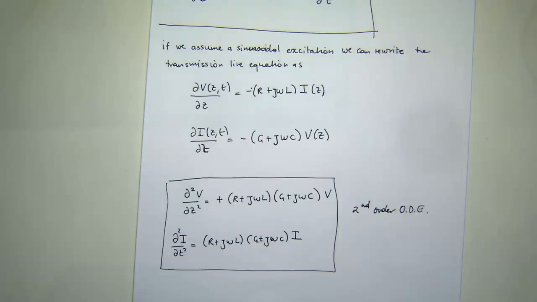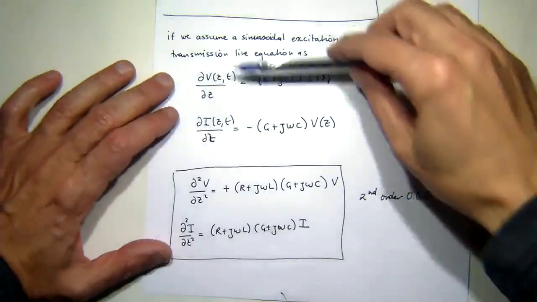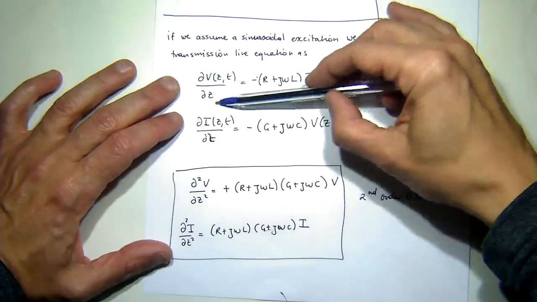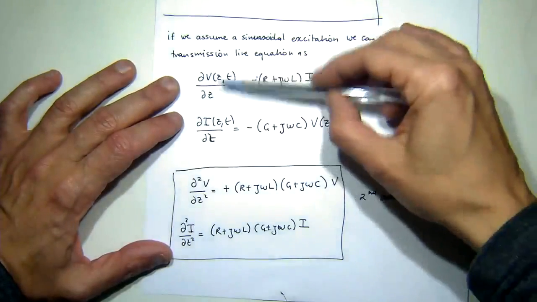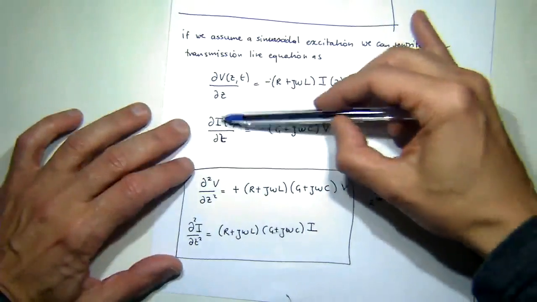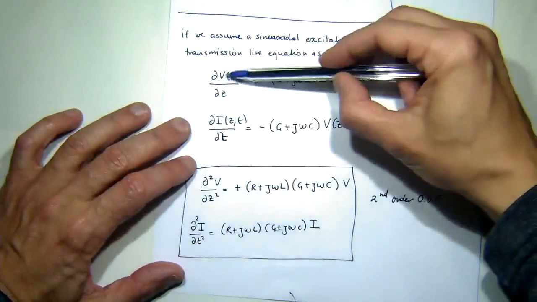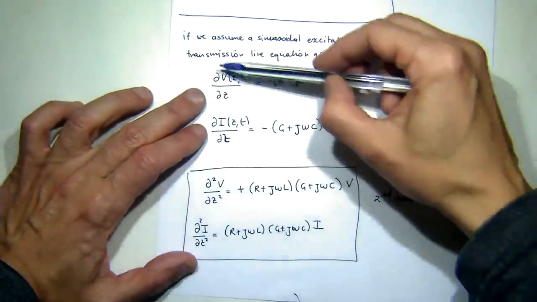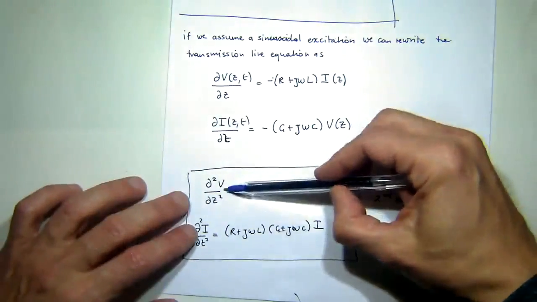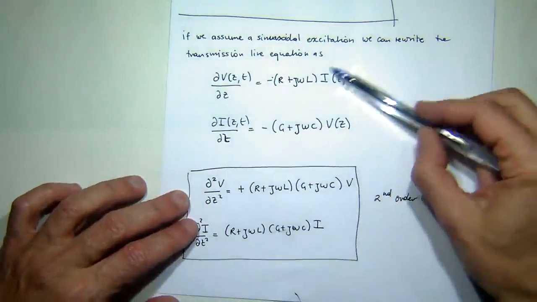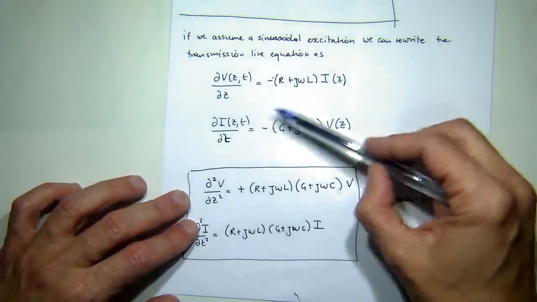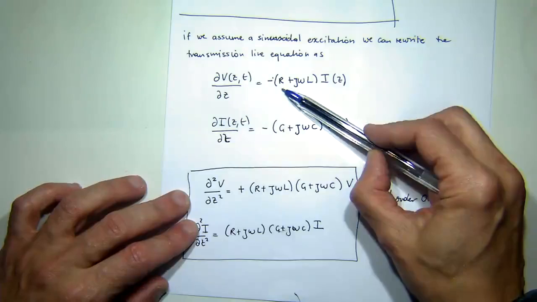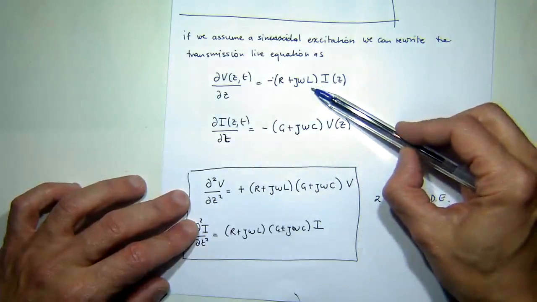Okay, perfect. All right, so the trick here is we've got the relationship of voltage versus distance, dV/dz, and we've also got dI/dz. If we differentiate dV/dz by dz again, we'll have d²V/dz² and we'll have dI/dz here, and we can see that the resistance and the inductance don't depend on distance.